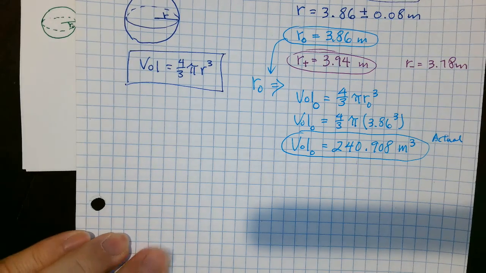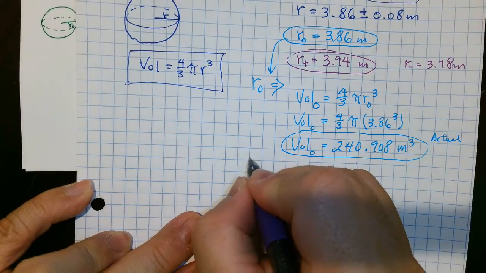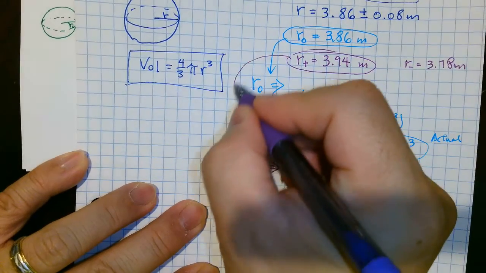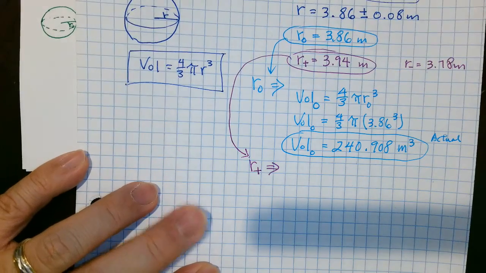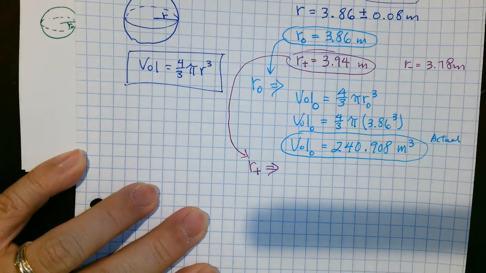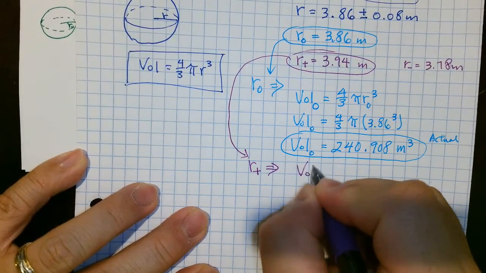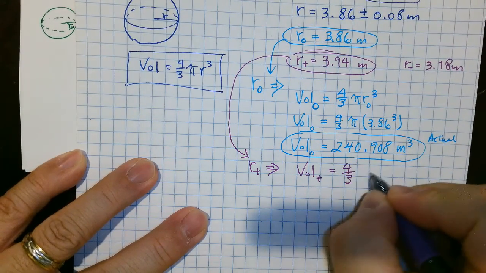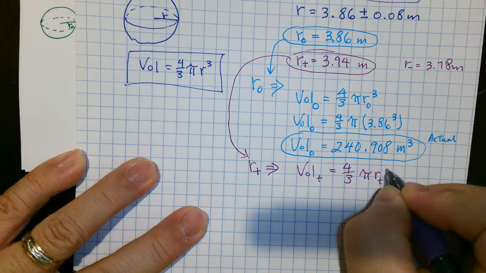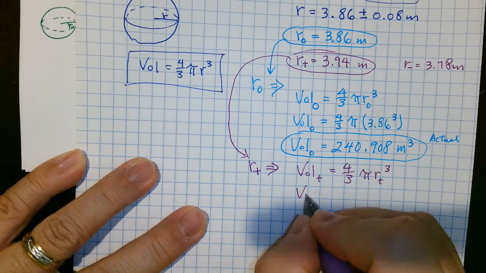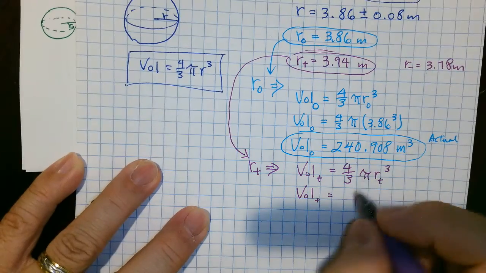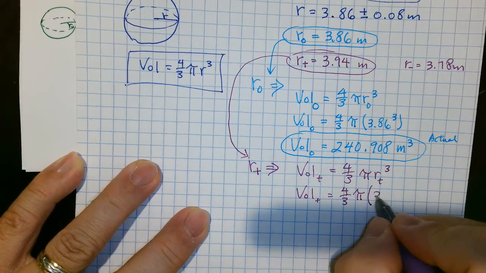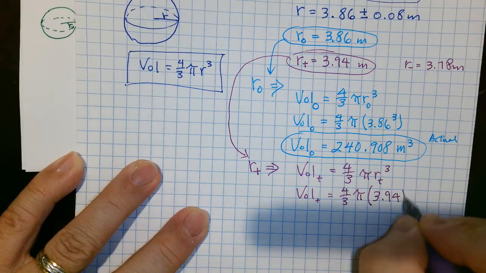And with the uncertainty tolerance, let's take a look at r plus, and then we will use that r for the volume. So volume plus is equal to 4/3 pi r plus cubed, which is 4/3 times pi times 3.94 cubed.